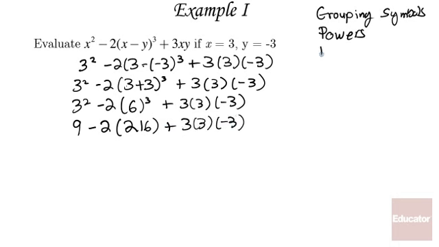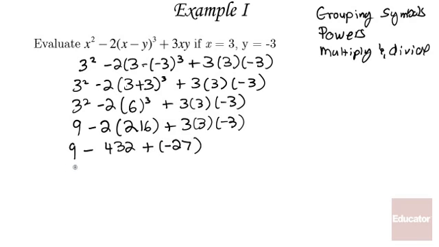And the next thing is going to be multiply and divide. And when we do that, we always proceed from left to right. 2 times 216 is 432. Okay? Now, I have 3 times 3 is 9. 9 times negative 3 is negative 27. I'm going to rewrite this as 9 minus 432 minus 27.